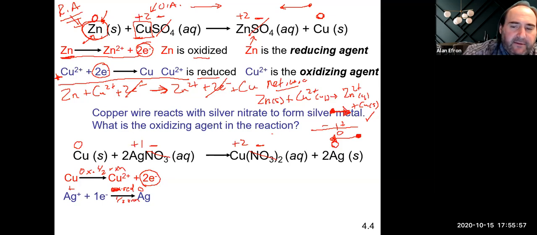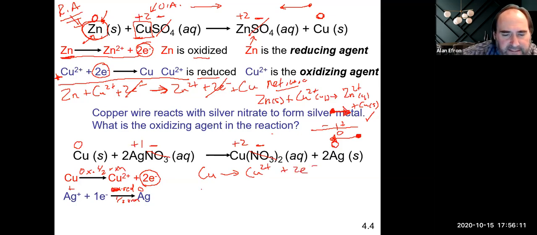Now, in this particular case, if we wanted to add these two half reactions together, we have our copper going to copper with a +2 and 2 electrons. We have our silver with an electron going to our silver with no charge.